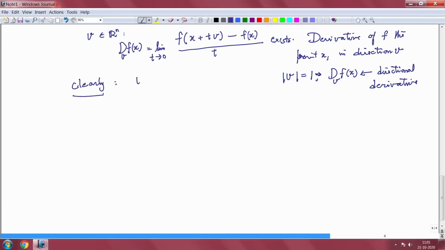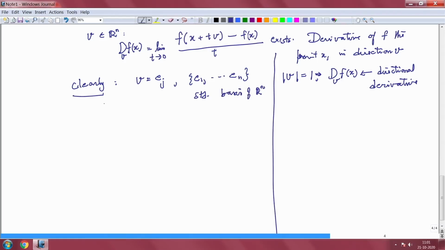Clearly if you take v equal to the unit vector Ej, where E1 etc. is the standard basis of R n, then the derivative in direction Ej of f at x is nothing but your known partial derivative.